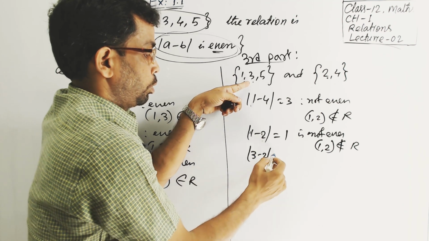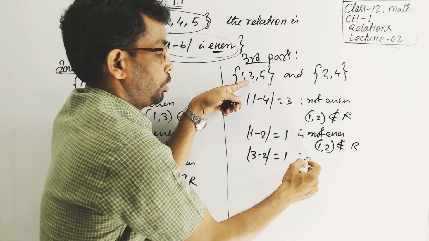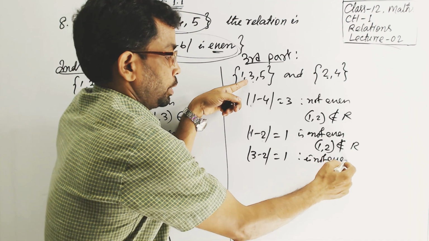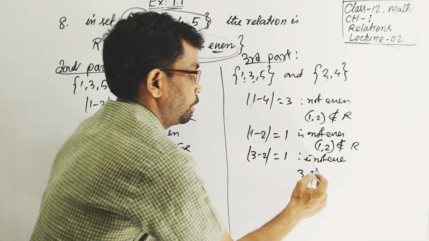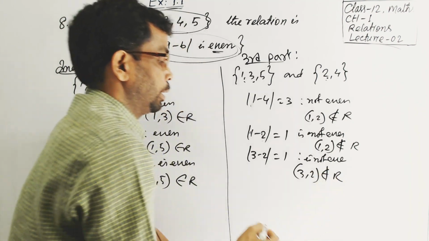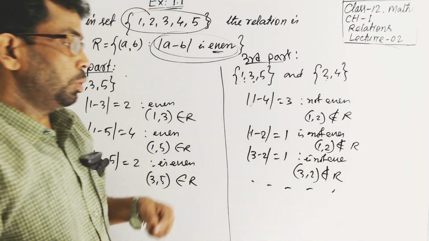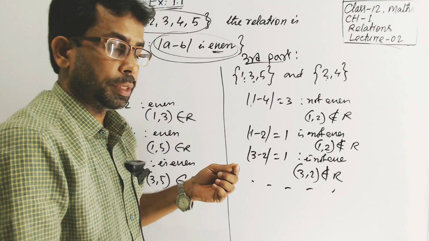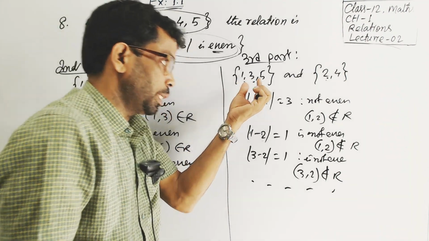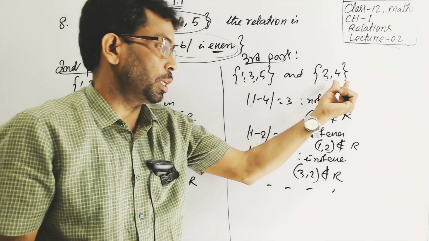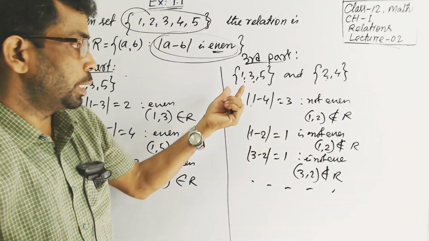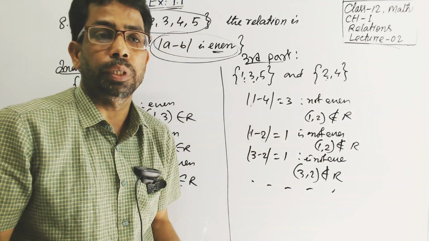The modulus difference of 3 and 2 is 1, which is also not even. That means 3 is also not related to 2. And same way we can show for all the other elements, taking one element from the first set and another element from the second set, and we can show no element of this set is related to an element of the other set because their difference under modulus is not even.